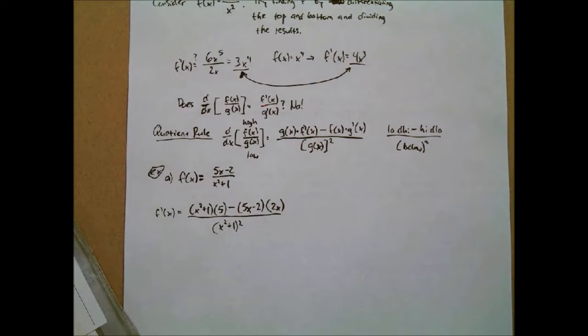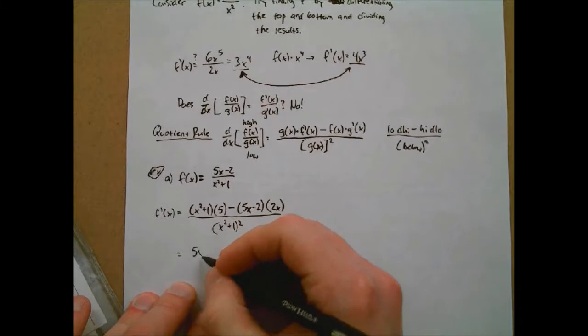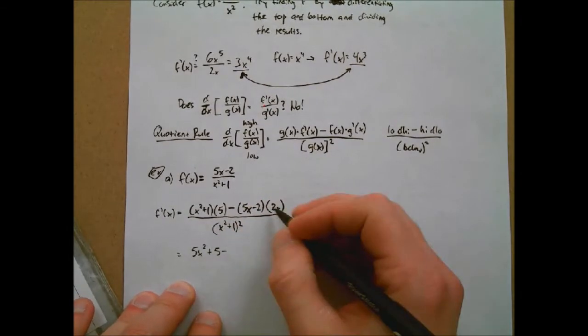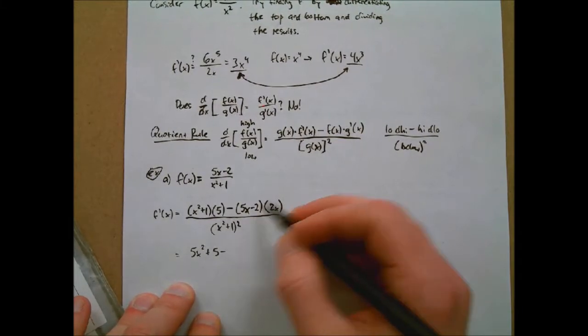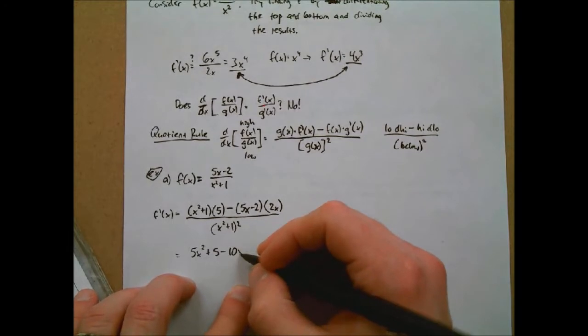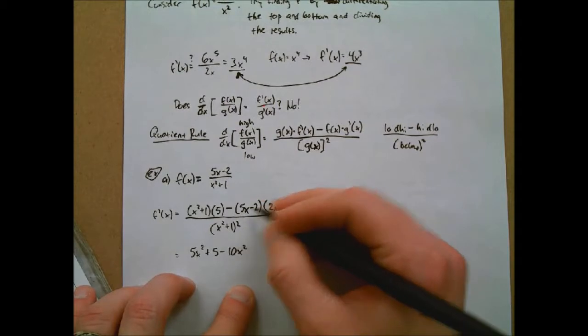There's the derivative. We can simplify it. I'll distribute the 5 and we get 5x squared plus 5, minus, and the minus will distribute to both terms, so minus 5x plus 2. Then I'll also distribute the 2x, so we get negative 10x squared plus 4x.